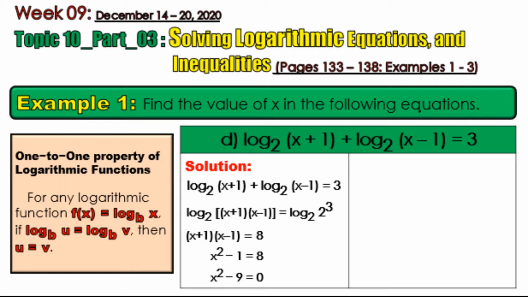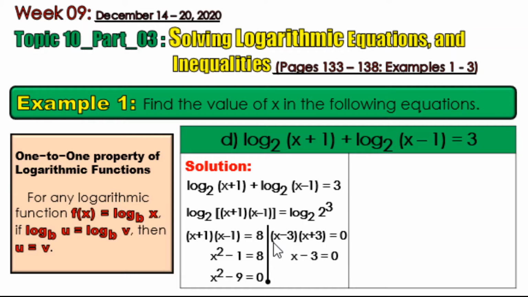Then we will solve for the value of x. This is a quadratic equation, so we can use factoring, completing the square, or the quadratic formula, but the best way is to use factoring. x squared minus 9 can be factored as x minus 3 times x plus 3. To solve for x, we equate each factor to 0.